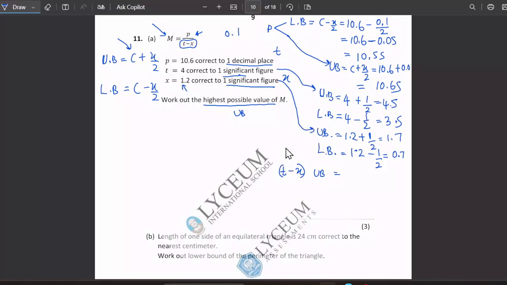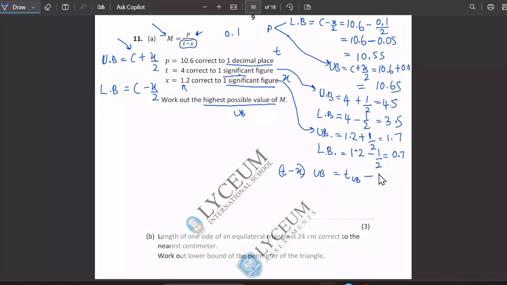So we will get the upper bound of t minus x if we subtract a smaller number from a larger number. So we have to put the upper bound of t here, t's maximum value, and subtract the lowest value of x. Then only we get the upper bound of t minus x.